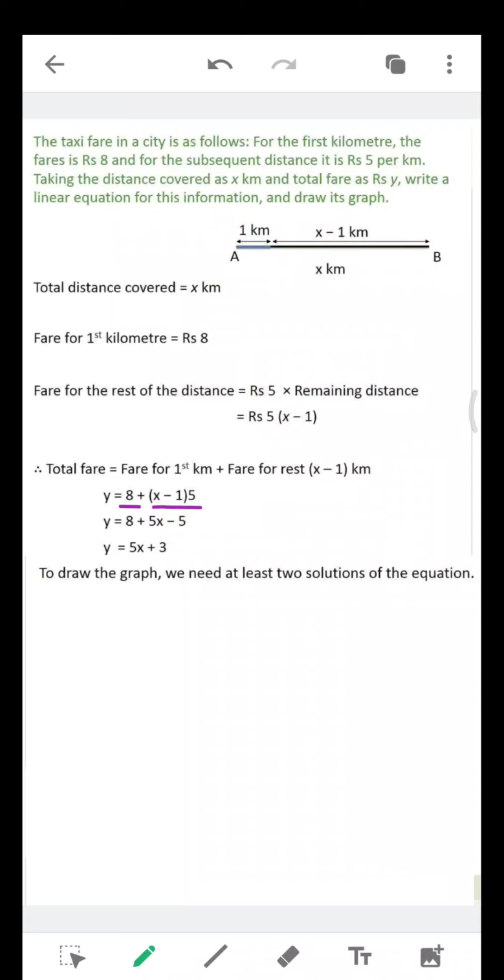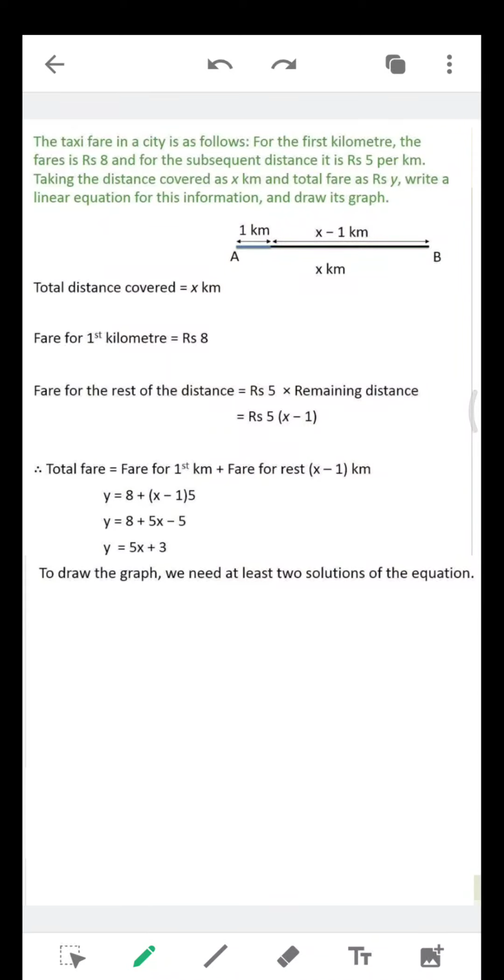So 8 plus 5x minus 5, and 8 minus 5 becomes 3, so y equals 5x plus 3 is your equation. Got it, everyone? Framing the equation is very simple. So this equation is framed now.